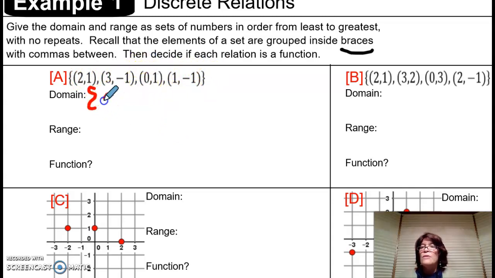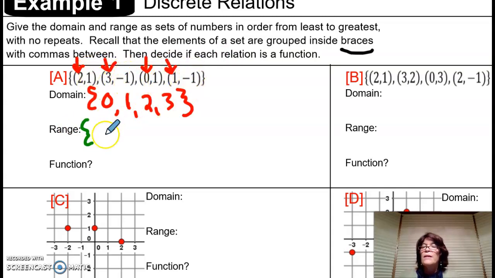So the smallest x coordinate is 0. The next biggest x coordinate is 1. And then we have a 2 and a 3. Those are our 4 x coordinates: 0, 1, 2, and 3. Our y coordinates, or our range, from smallest to biggest, let's see, we have 1, -1, 1, -1.